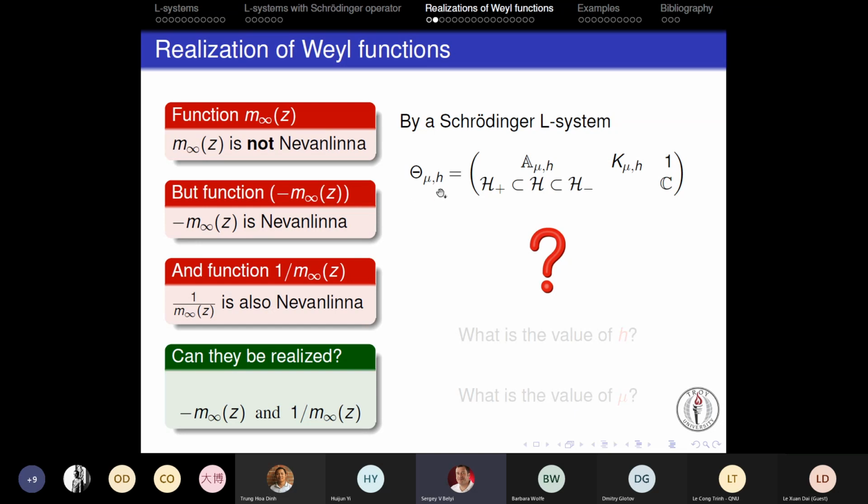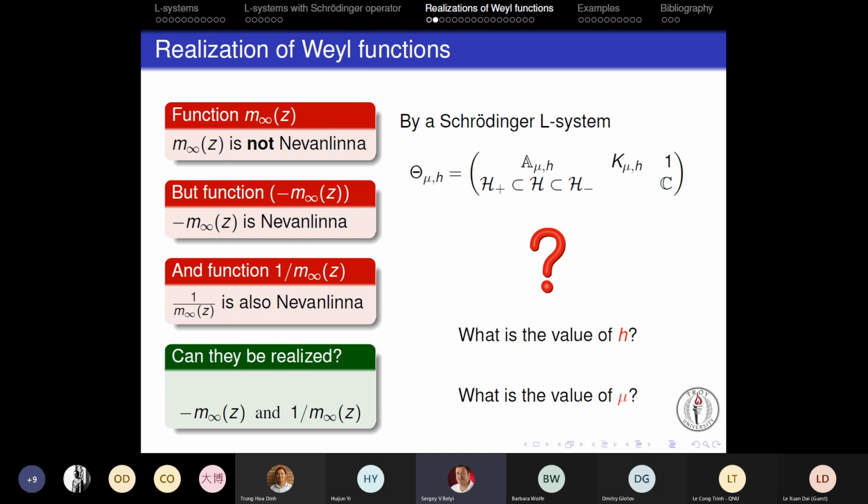Remember, two parameters we talked about, so that it realizes one of these two guys. So literally the question afterwards is, what's the value of h and what's the value of mu? And of course, if we operate in certain settings, we already know m infinity. M infinity doesn't come from blue sky.